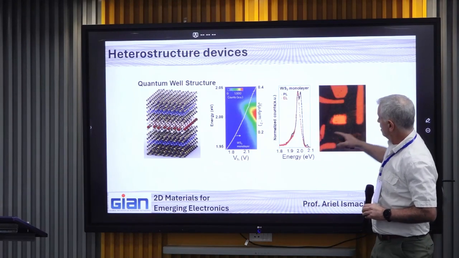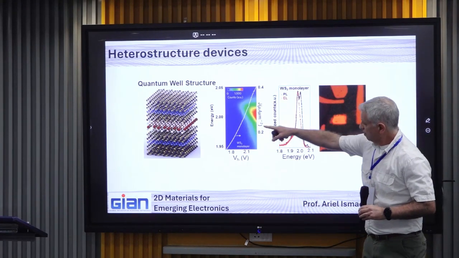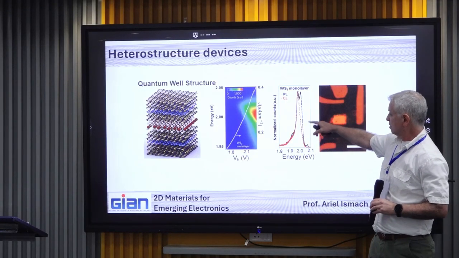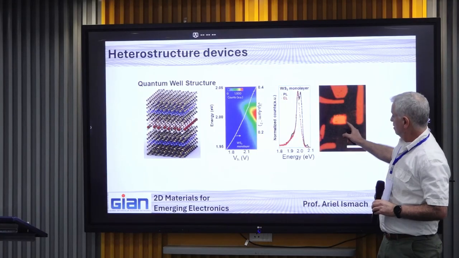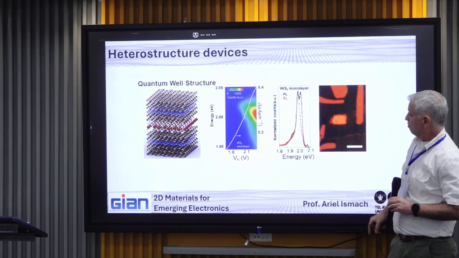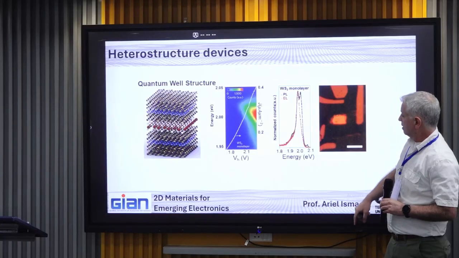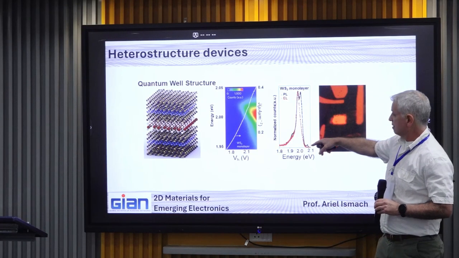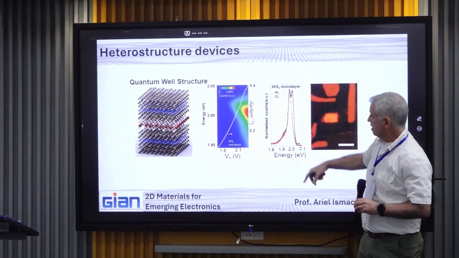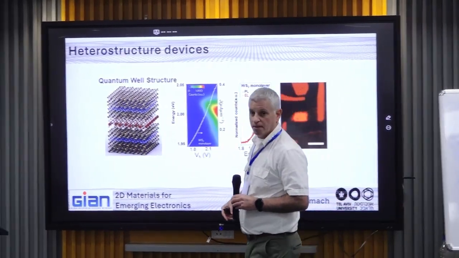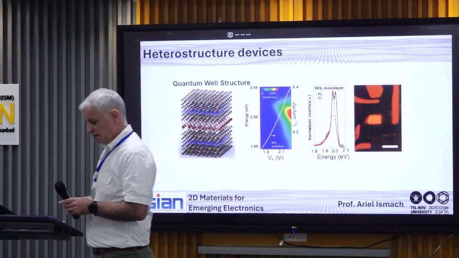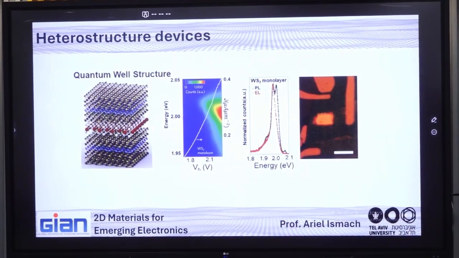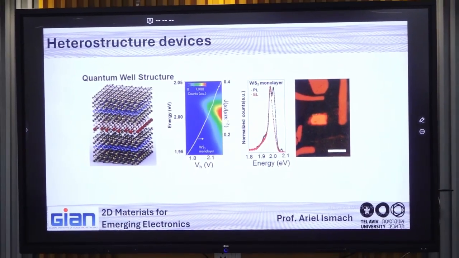Again, they make a device with a heterostructure. I don't remember exactly how they make the contacts to the heterostructure, but they can show a strong electroluminescence from the stack. And again, comparing that with the tungsten, with the same material, PL, they show comparable results, which is really good. Usually in these kinds of devices you get a lower performance.